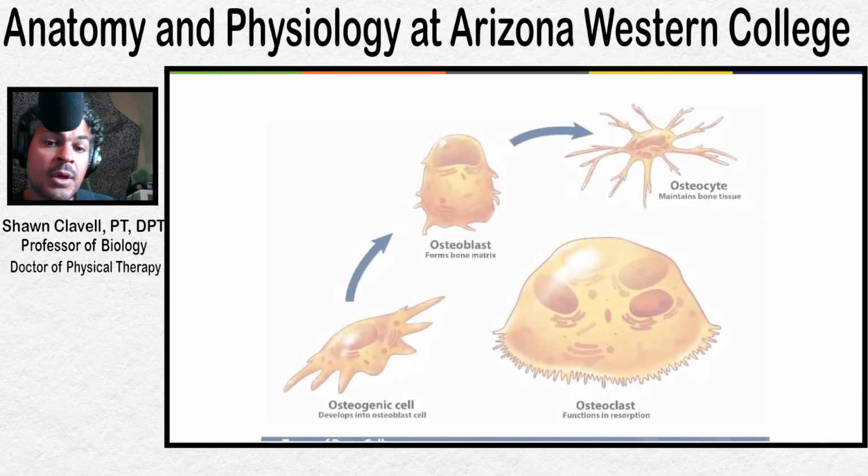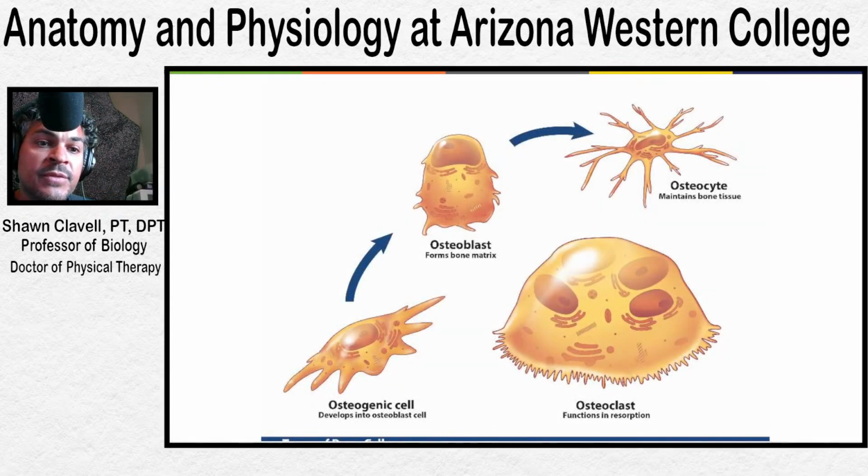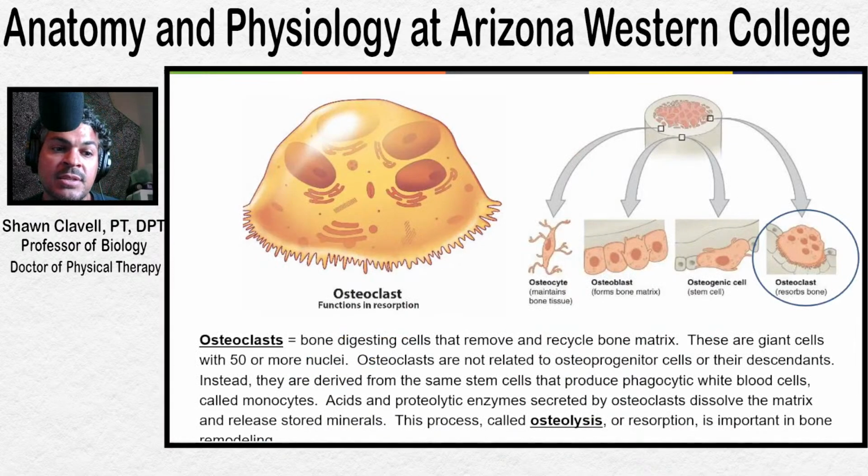What are the different cells related to bone tissue, right? We see an osteogenic cell, an osteoblast, an osteocyte, and then a different one, from a class of white blood cells, an osteoclast.